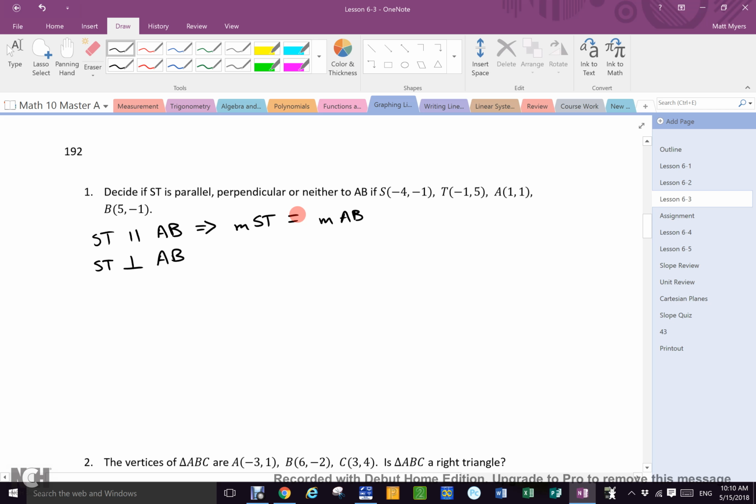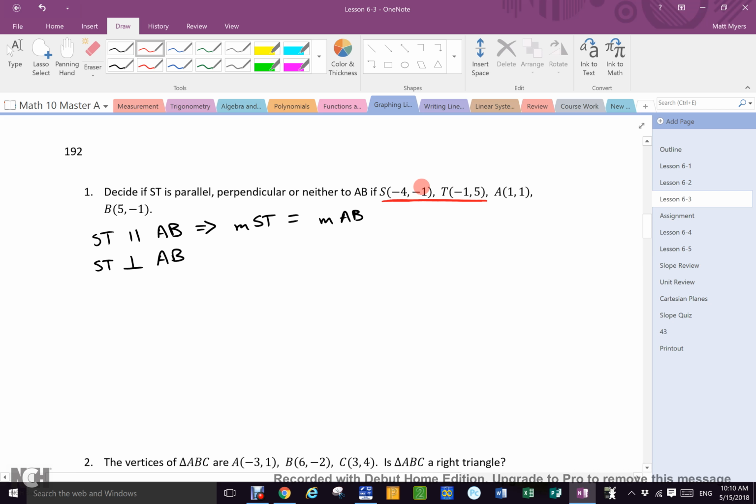How do I find slopes if I don't have a graph? I do y2 minus y1 over x2 minus x1, right? So the first one I'm going to do is ST. Who decides which is x2 and which is y2? You do. So, everybody decide.